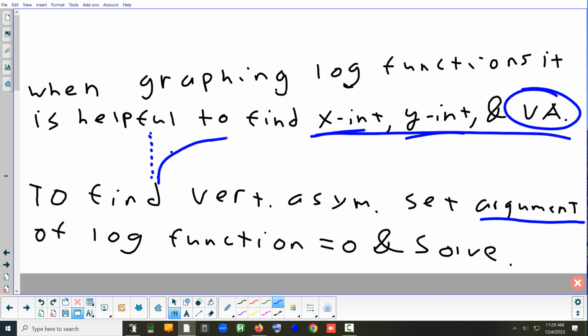When we think about a cube root that had a center point, it went in each direction. Logs don't do that. So once you find your asymptote, you only want to check points on one side of it. Which side? If you don't reflect it horizontally, you're going to check points to the right. If you mirror image it, you're going to have to check points to the left.